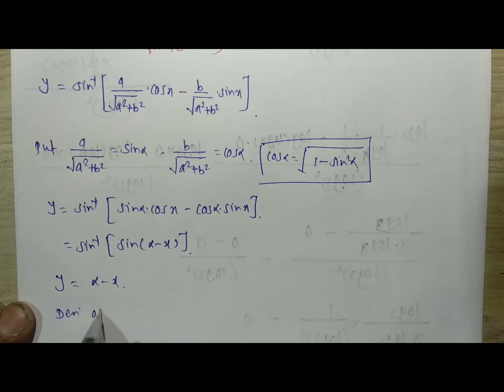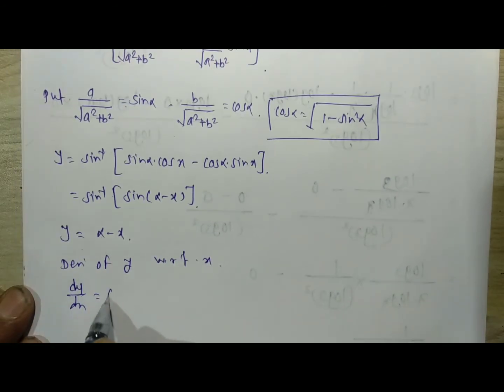You will get dy by dx is equal to alpha having derivative 0 minus x having derivative 1, and therefore the answer is minus 1.